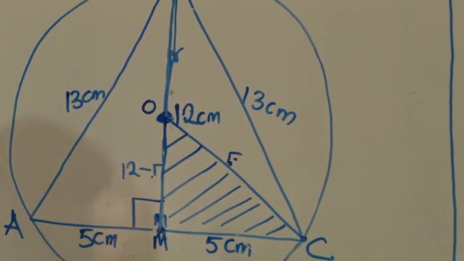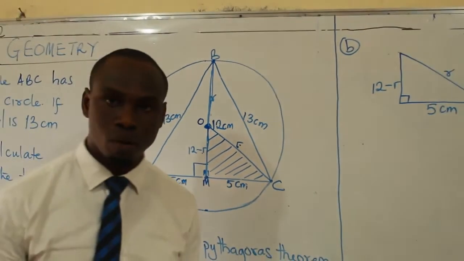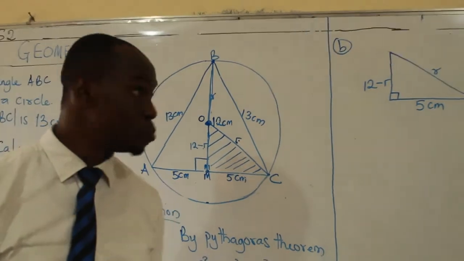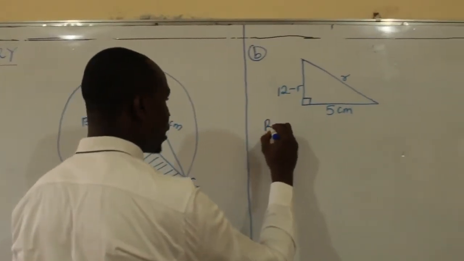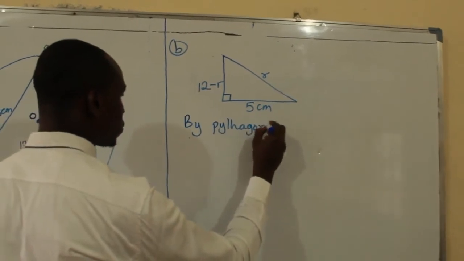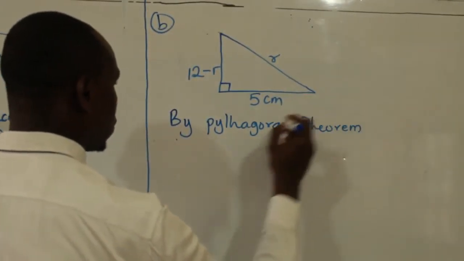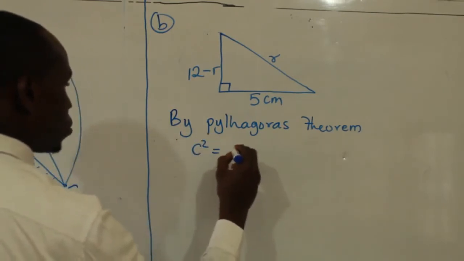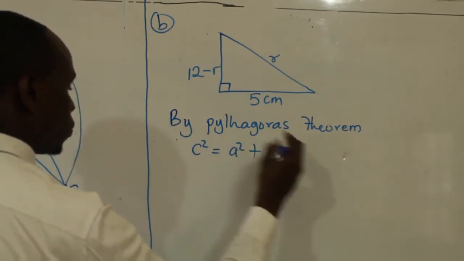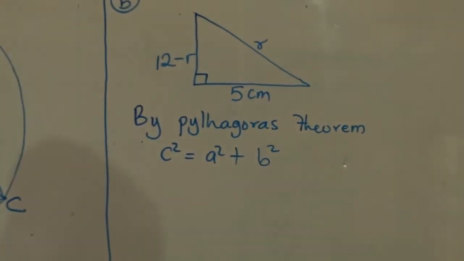So you can as well include letters to make you understand it. If you have issues with including letters, you can use the conventional C squared equals A squared plus B squared. So I say by Pythagoras theorem, C squared is equal to A squared plus B squared. You must always be conscious of your C squared. It cannot just be any one of them.